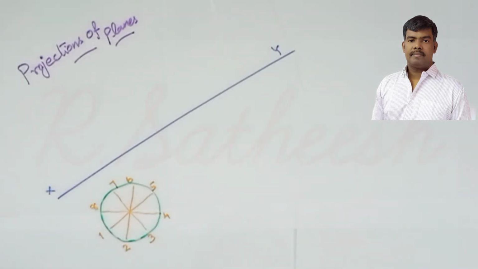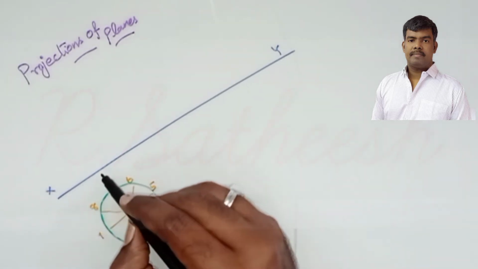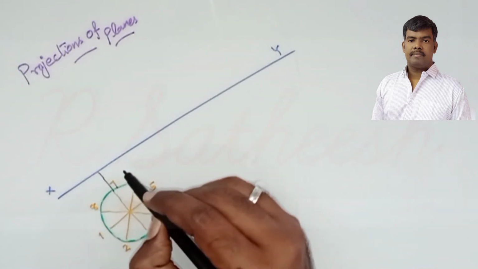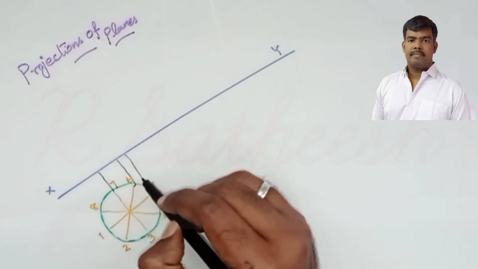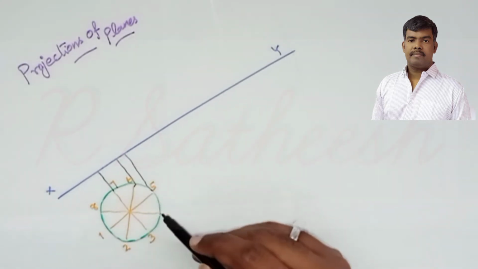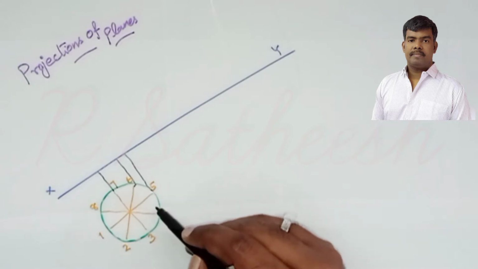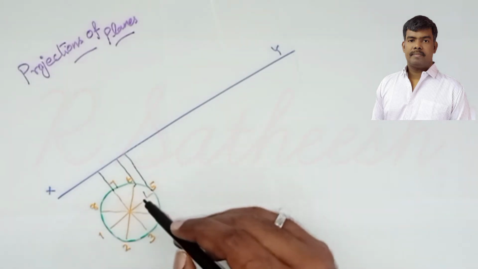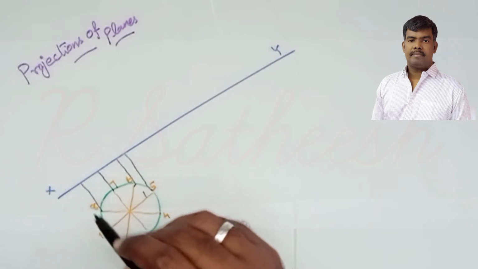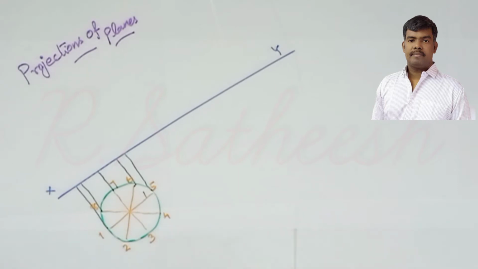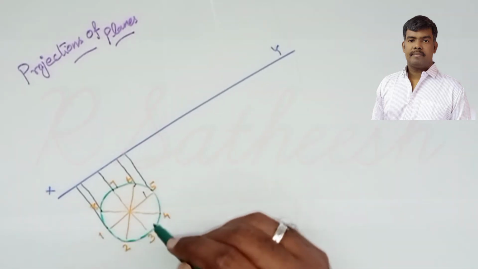Then we project from each and every point: 3, 7, 4, 6, 5. Why I am telling 4, 6: you draw the projection from 4, and it definitely passes through 6 in that case. Next, this is 2, 8 and this one is 1. Clear? So that is the circular plate of dia 50 mm.